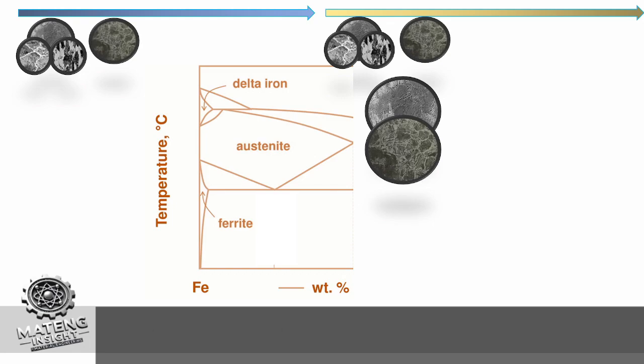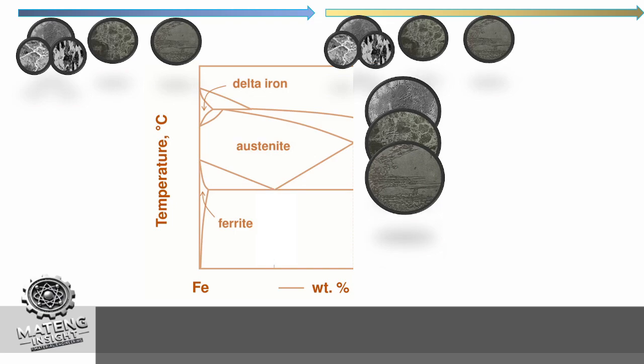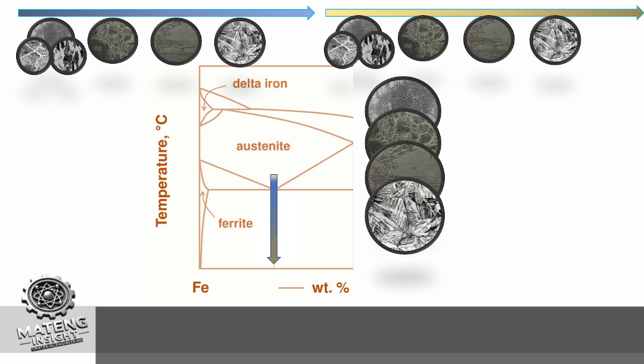So a faster cooling rate than Widmanstätten causes more needle-shaped grains and forms bainite microstructure, and a much faster cooling rate like quenching in water creates martensite microstructure. In the next video, we will talk more about bainite and martensite.